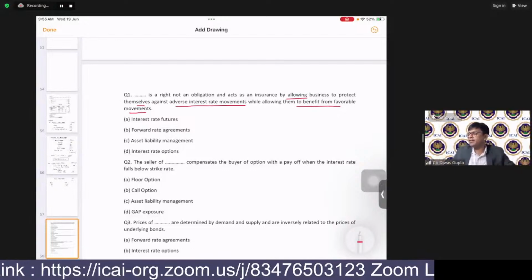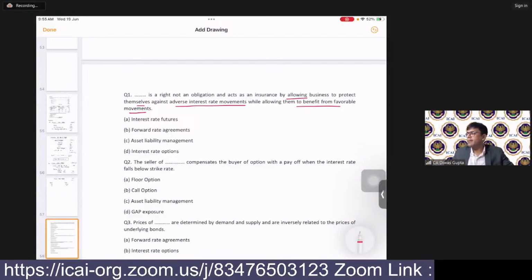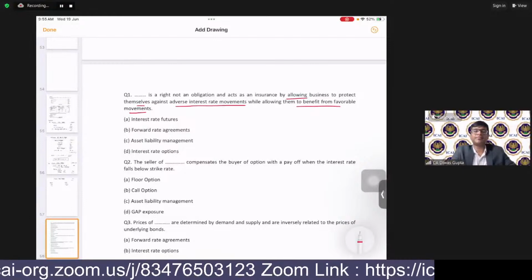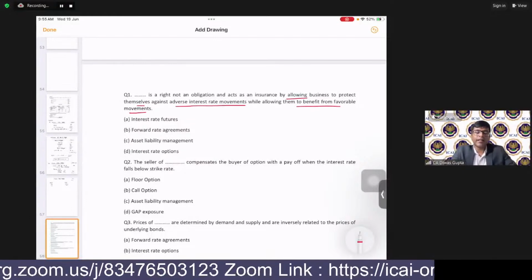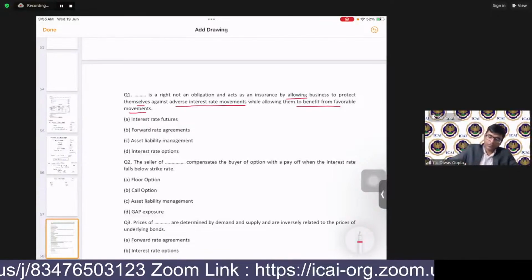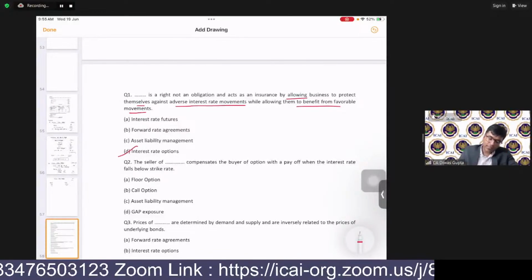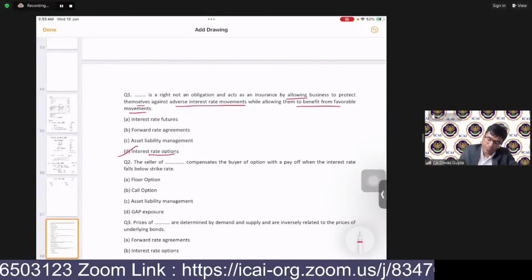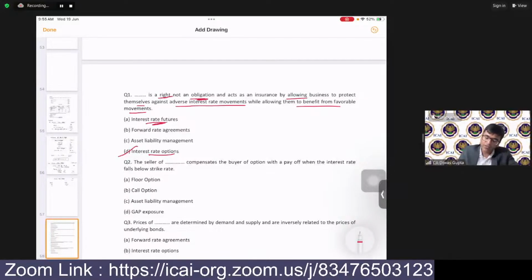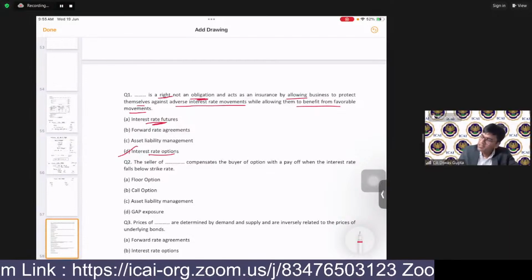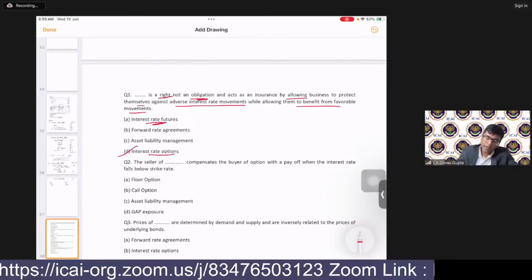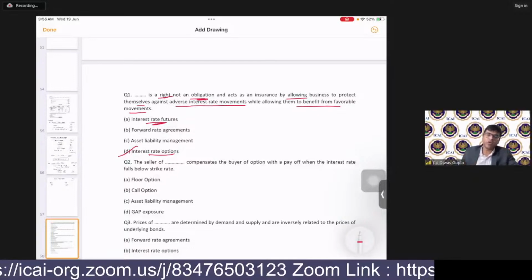Abrikesh has responded. Are we expecting any other answers, students? No, Munish, please recheck. The correct answer is D. This is the correct answer because interest rate options is a right and it's not an obligation. Interest rate futures is an obligation as well as a right, depending on how the condition is phasing. But interest rate options is definitely not an obligation.